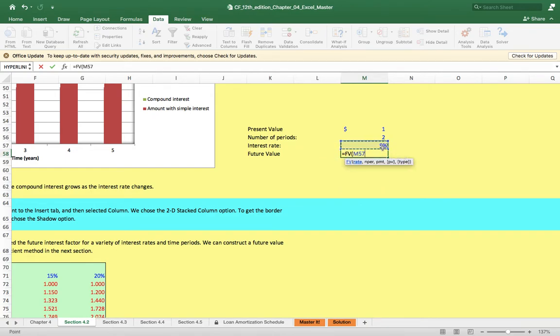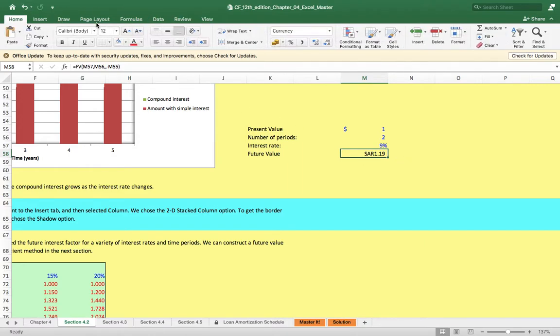Rate is 9%, NPER, number of periods, 2. PMT, there is no payment in between. And present value is equal to minus 1. Done, enter. It is equal to 1.19.